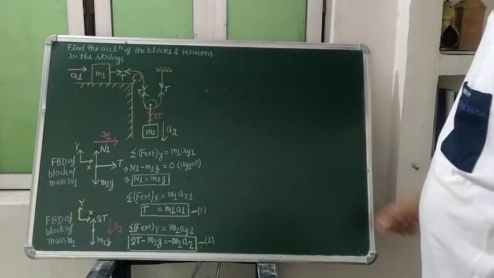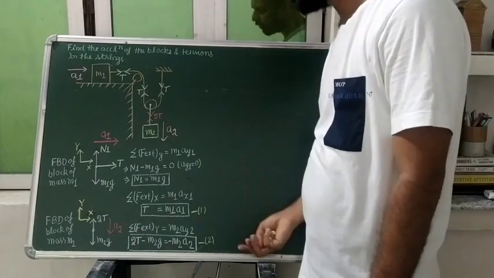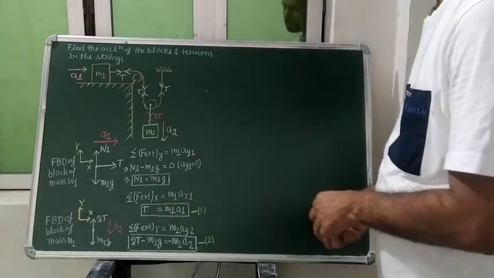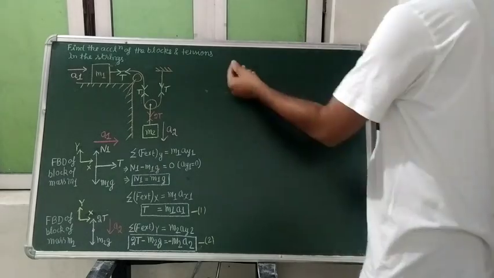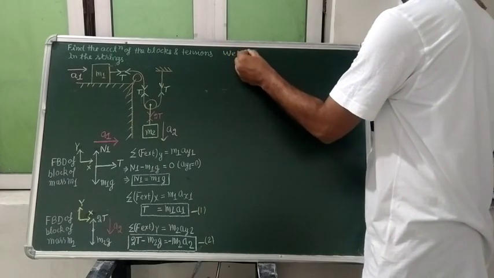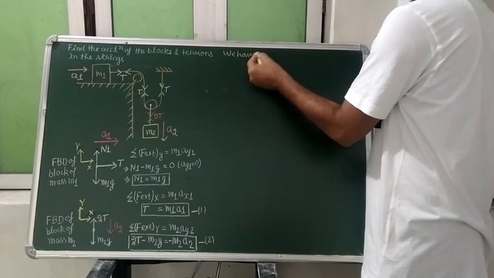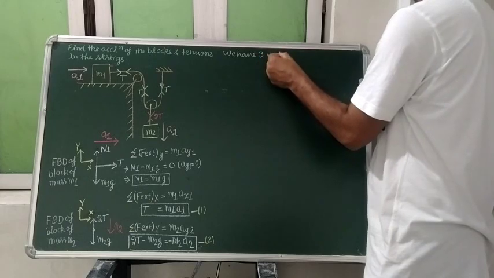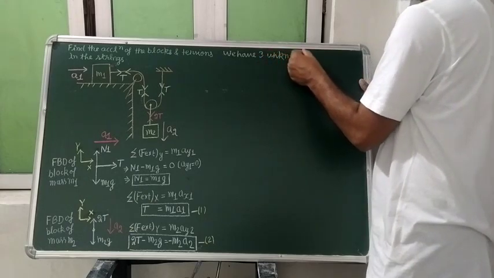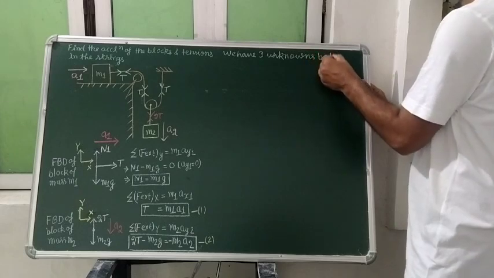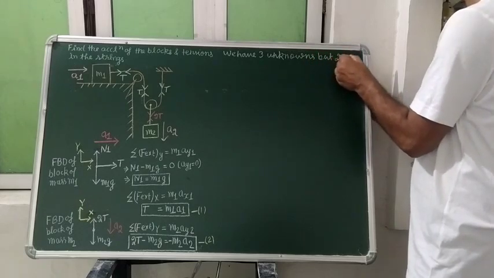But here the unknowns are three: tension, A1 and A2. So we have three unknowns but two equations.